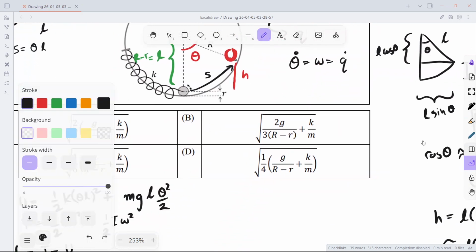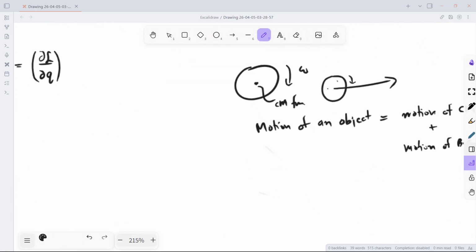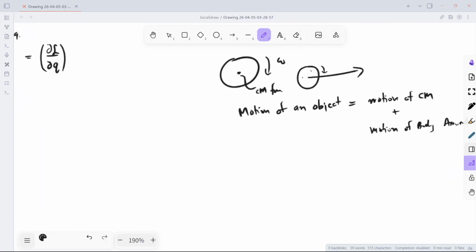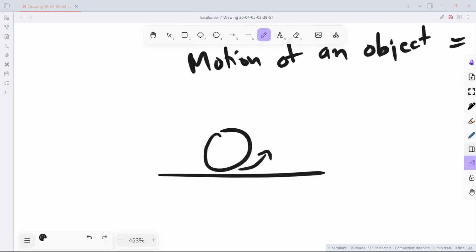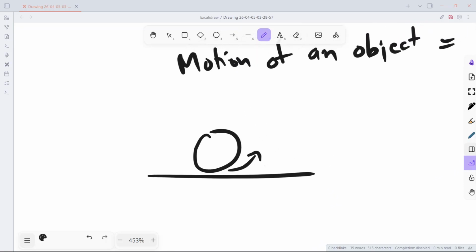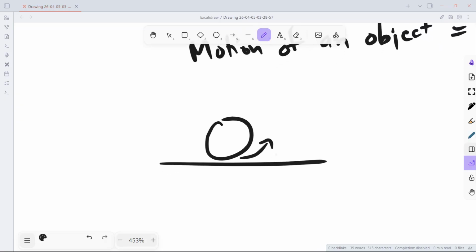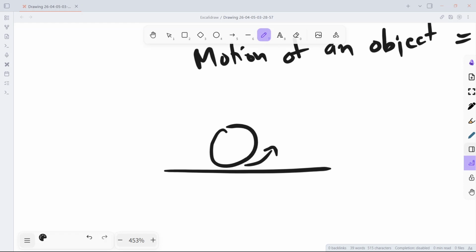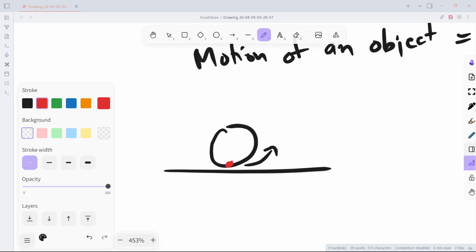It turns out that no slipping means that when your thing is moving and you have your ground, from what I remember, there is no relative velocity between the point at the bottom and the ground point. I think this is what no slipping means.